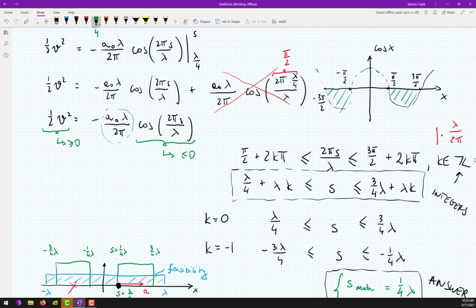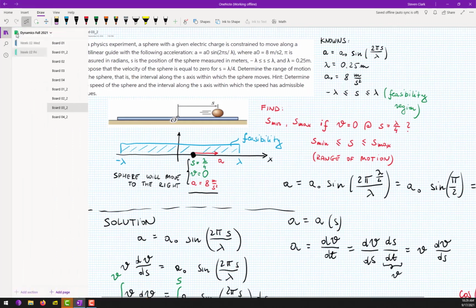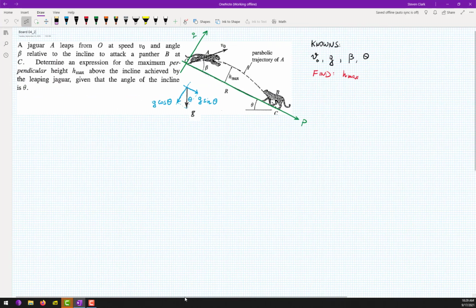So, as usual, please familiarize yourself with the problem statement before we start our solution.